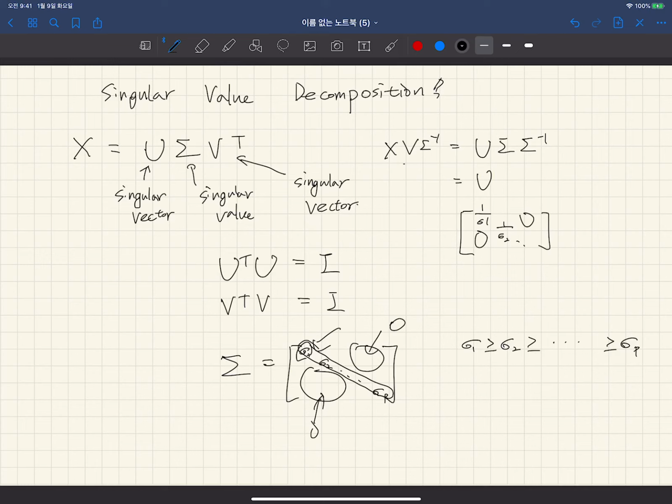You just pick the first two columns of the V matrix and the 2 by 2 sub-matrix of the sigma inverse matrix, so that in the end you have just the first two columns of the U matrix. That's it. So when you do the singular value decomposition, you basically have everything you need: the principal components from the left hand side and right hand side.